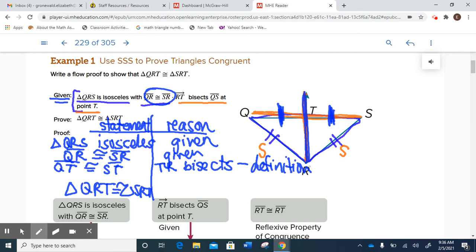The last part that we know that is the same on this triangle is this part in the middle. See how they're connected by this side? So the left triangle and the right triangle share that side. So we know that they are the same. So I know that the side TR of the left triangle and TR of the right triangle are equal because they're the same thing.